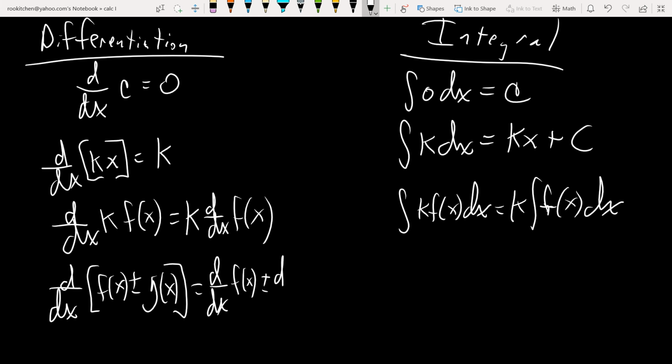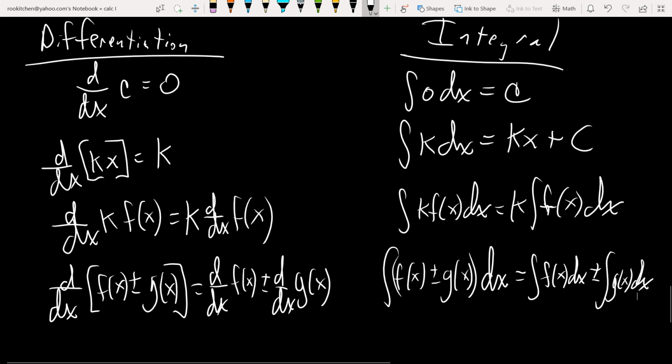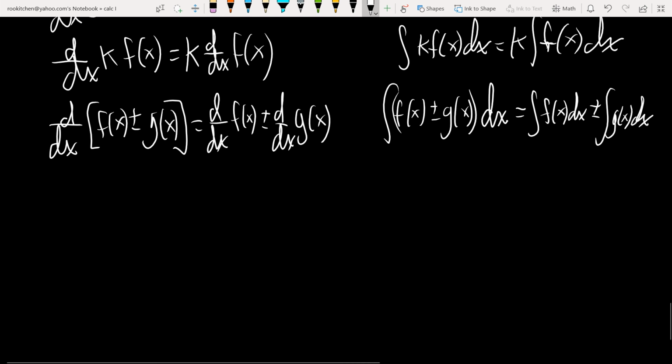Therefore, it turns out the integral of f of x plus or minus g of x, the integral of the sum or difference, is equal to the sum or difference of the integrals. Other rules: we know the power rule.